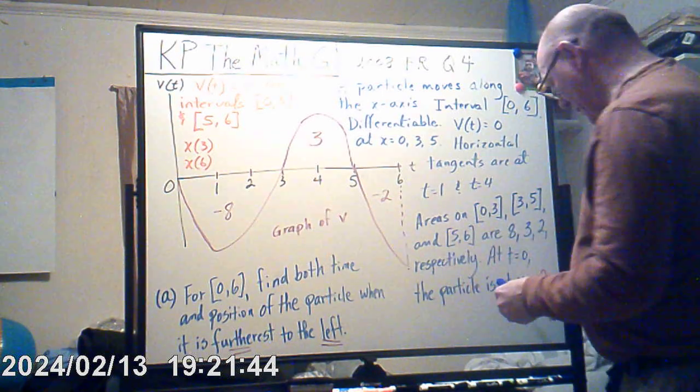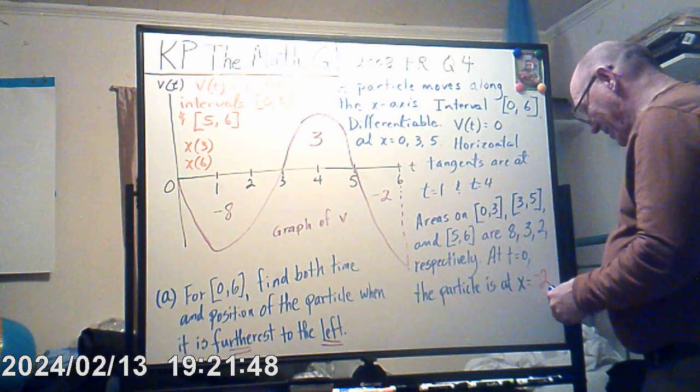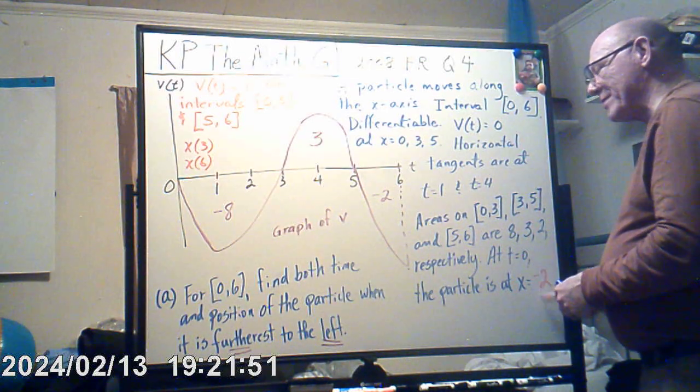Now our initial place, at t equals 0, x is equal to -2.